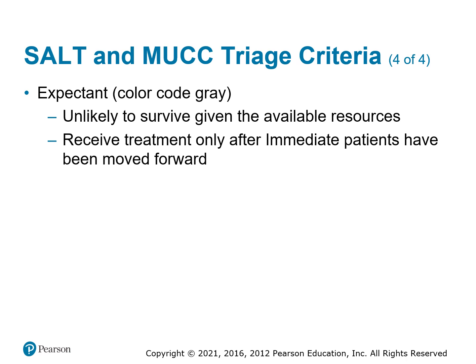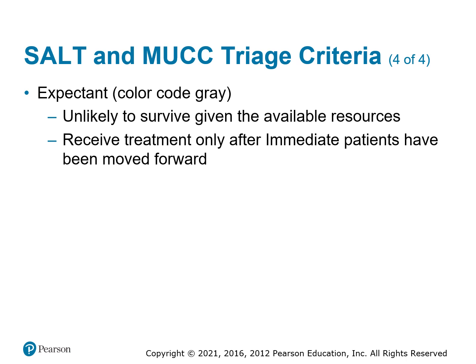And expectant, sometimes it's a color code gray, sometimes it's still a black tag. So they are unlikely to survive given the available resources. These are what I like to think of as the black tags that we're not giving up on yet. We just don't have the resources, and we will have to wait to reassess them after our priority patients have been moved.